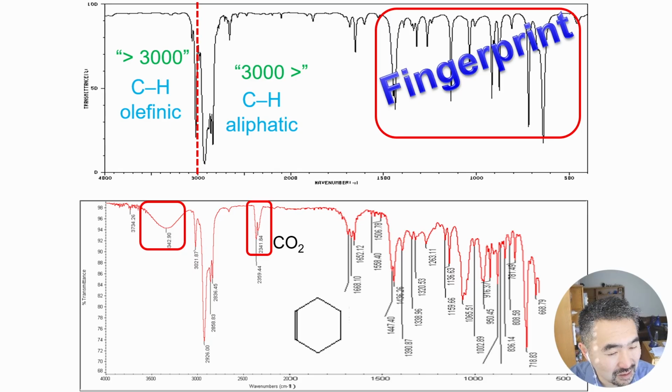Okay, and then there's this broad peak, even though there's no alcohol in this molecule. This is likely due to water or moisture. Probably one of the glassware pieces the student was using was washed right before this acquisition, so it was still wet or something like that.